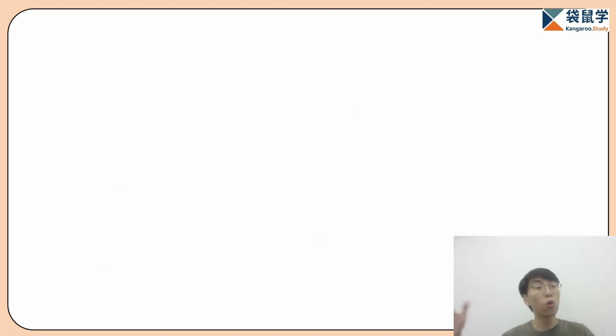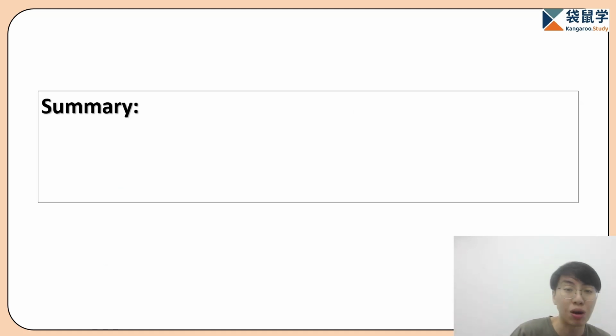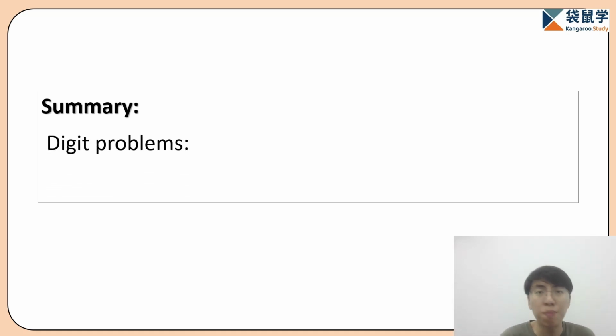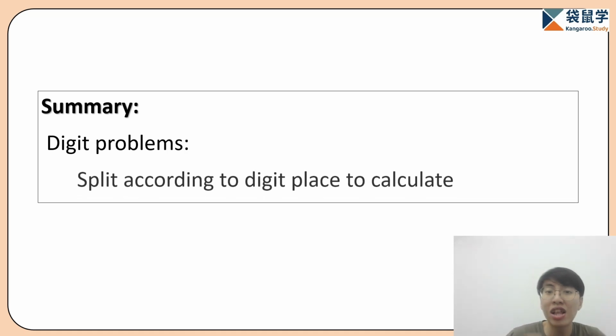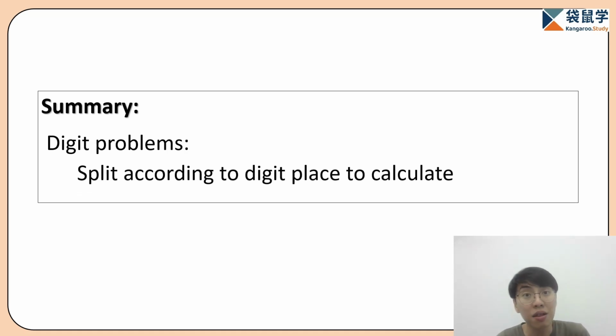Well, what is the summary for this question then? The summary for this question is very simple. It is that, the next time we see digit problems, I split them up into those with different digit places to calculate. Well, could be those 1 digits, 2 digits, 3 digits, and 4 digits.